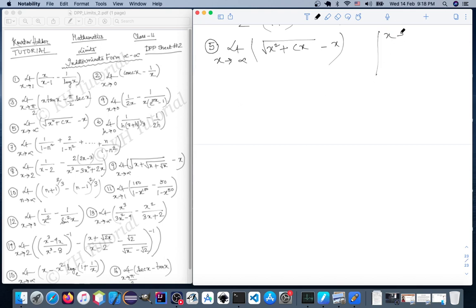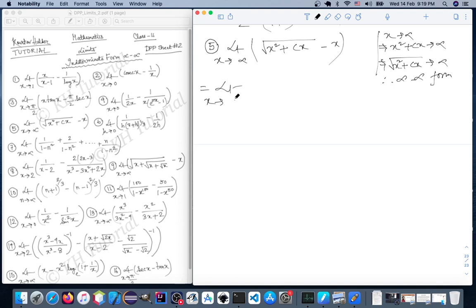When x tends to infinity, x square plus cx also tends to infinity, so root over x square plus cx will also tend to infinity. Therefore, this is of the form infinity minus infinity. So we rationalize the term.